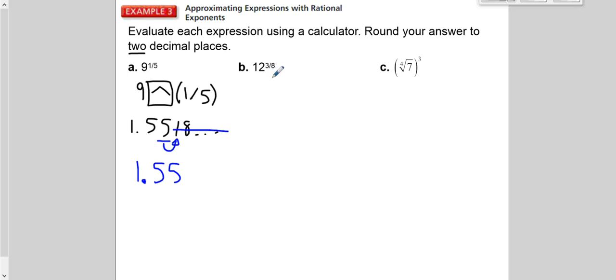All right, 12 to the 3/8 power. Type it in. Remember, a fraction bar is just a division bar, so you're typing in 12, caret, parentheses 3 divided by 8, and hit enter.